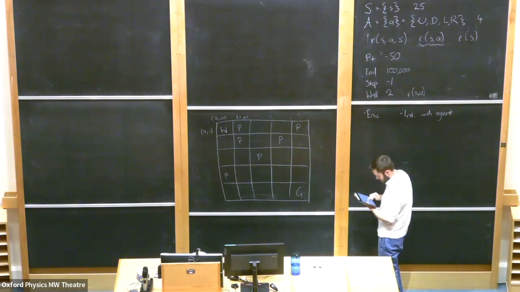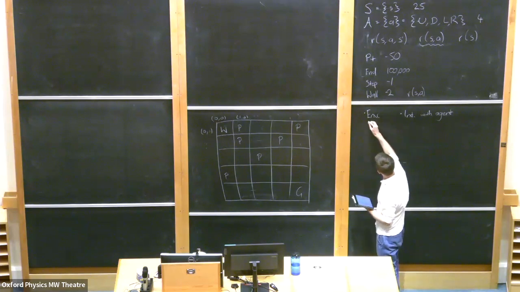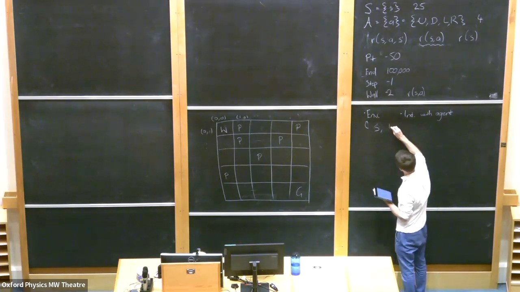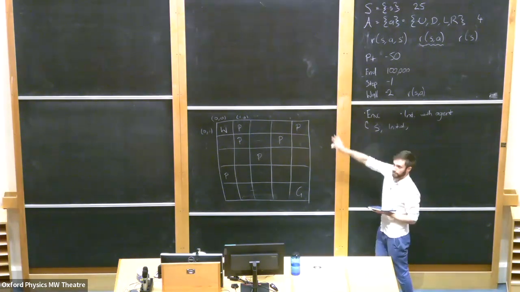First of all, for the environment, what we need, as we said, is a state space. We also need some sort of way of initializing things. Maybe it's random, maybe these pitfalls move around every time.